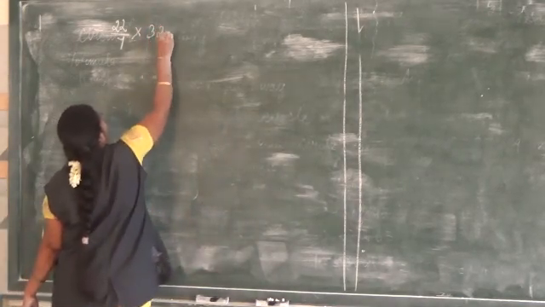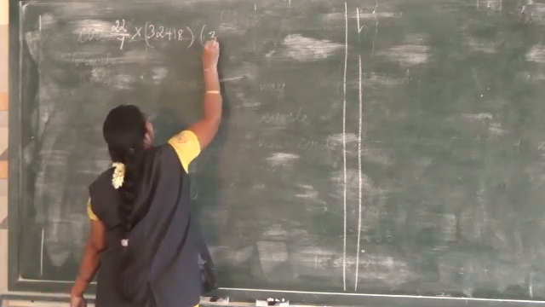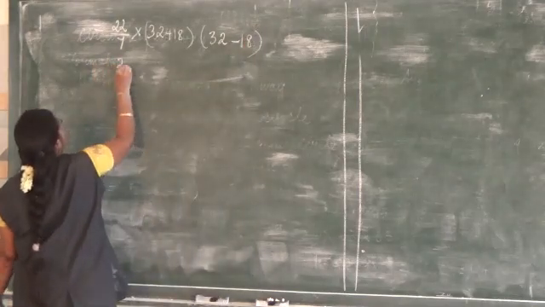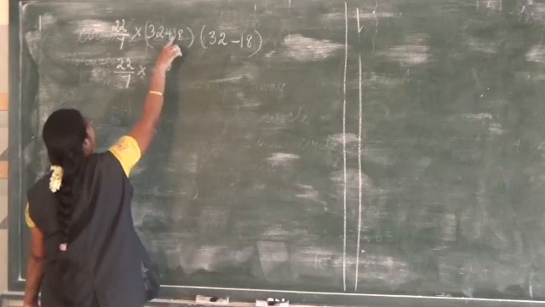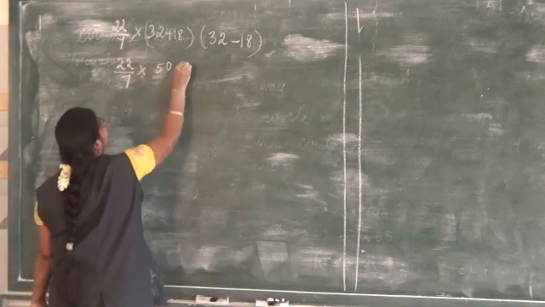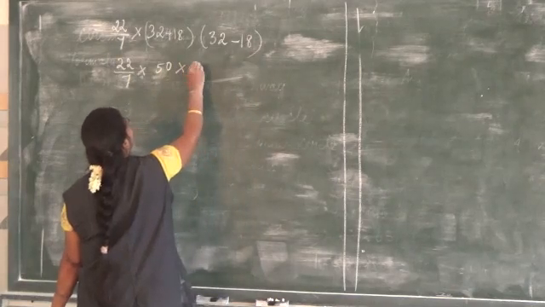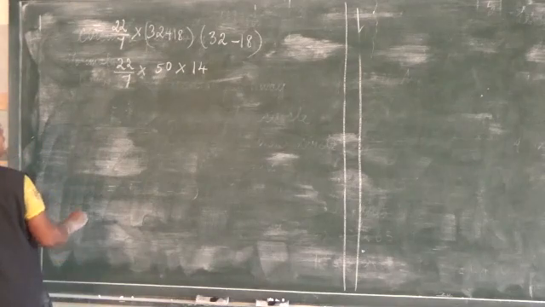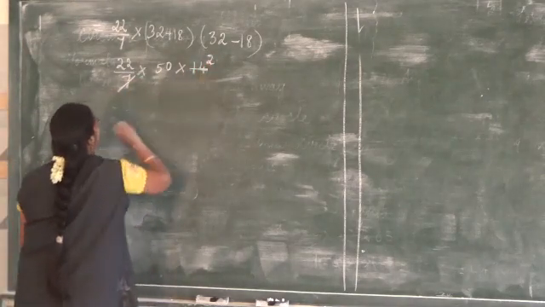So, (32 plus 18) into (32 minus 18) is equal to 22 by 7 into 50 into 12 minus 8, 4, 14. So, you can cancel 7 2 times.